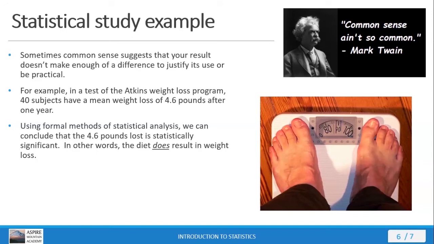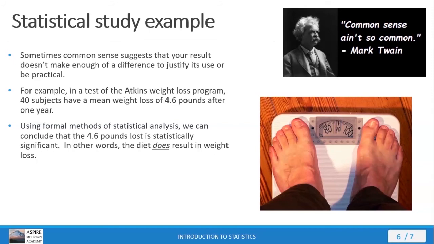If you said it means the results are very unlikely to occur by random chance, then you're right. Here in this case, it means that the average weight loss of 4.6 pounds was very unlikely to occur randomly or by chance. Now, how many of you would sign up for a weight loss program where the average weight loss after 1 year was 4.6 pounds?